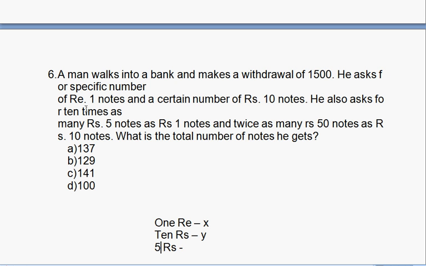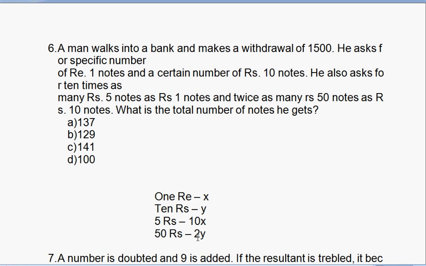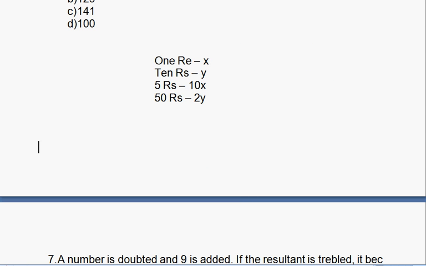So 5 rupee notes would be 10x, and 50 rupee notes would be 2y, right? This is the equation which we would get. Total money he got was 1500, which means what?